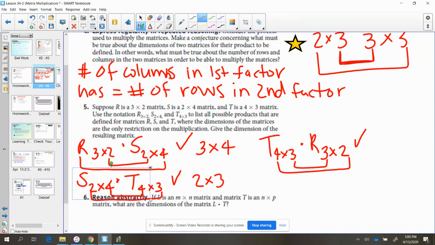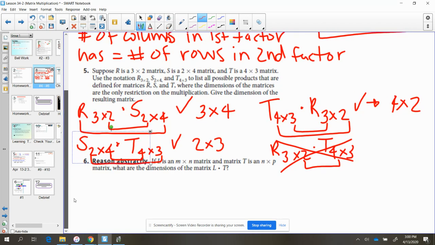So those check out, and our resulting product is going to be a 4 by 2 matrix. If we try to go in the reverse order, notice it's not going to work out because the columns and the rows don't match. So this is not possible.